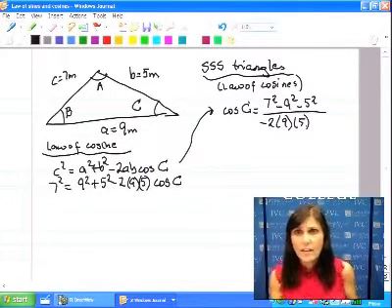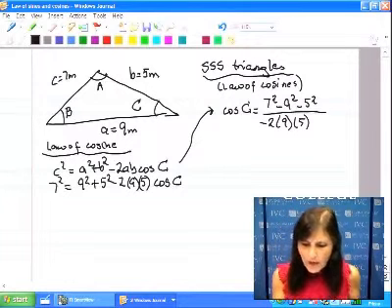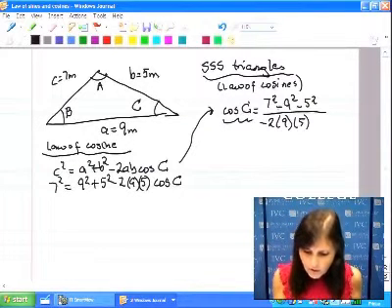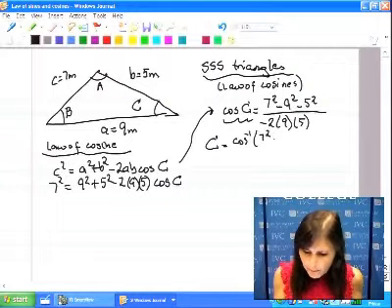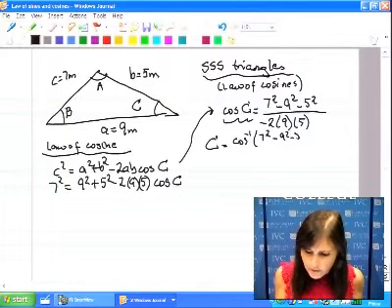And I need to take the inverse cosine of that to get this. So C is going to be cosine inverse of 7 squared minus 9 squared minus 5 squared over negative 2 times 9 times 5.